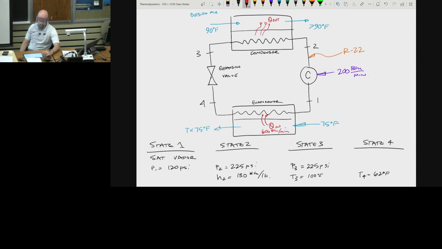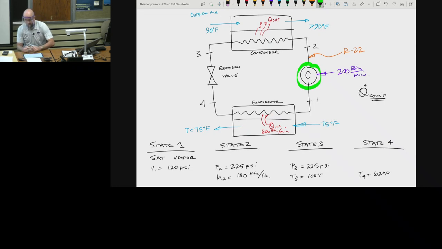Okay, so in this problem, we want to figure out what is the rate of heat transfer for the compressor. We want to figure out what is Q dot for the compressor. Here, it's a very important thing. We've been told that this compressor is not adiabatic. There is going to be heat transfer for this compressor, and that's what we want to find. So if that's our goal, it makes sense to make our compressor our system.